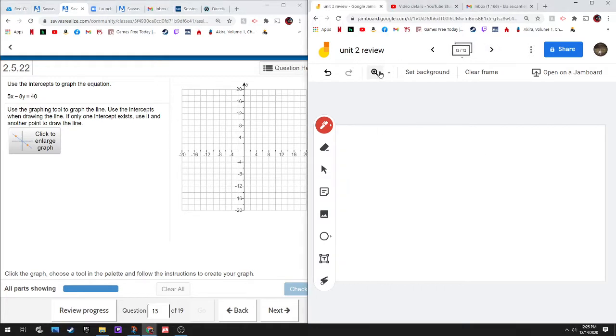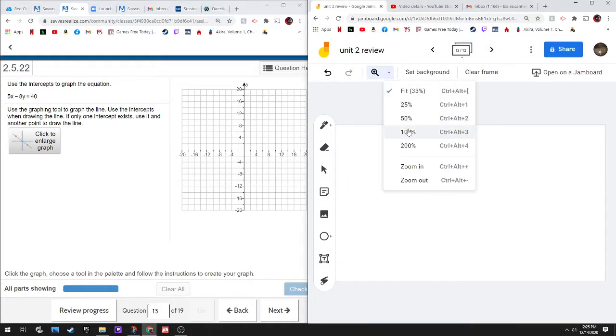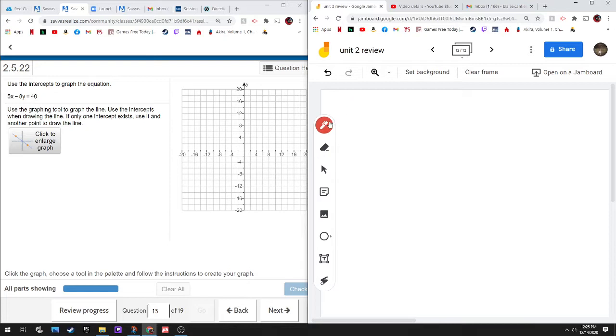So we can take our 5x minus 8y equals 40. For the first one, I plugged in 0 for y, divide by 5, 40 divided by 5.